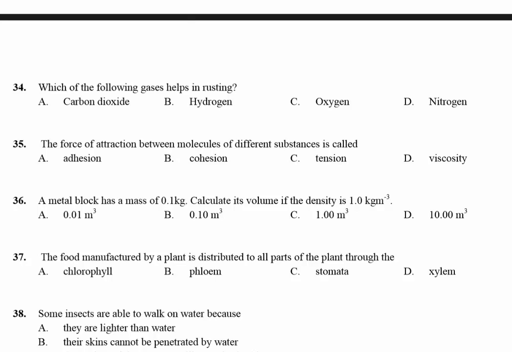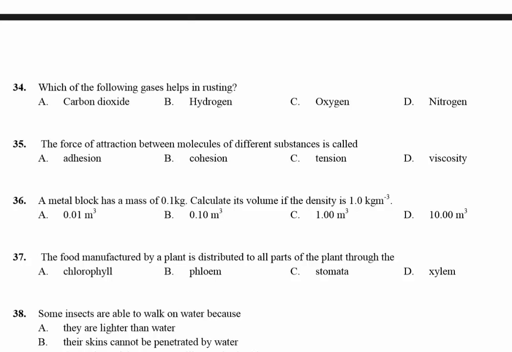Next one. 36. A metal block has a mass of 0.1 kg. Calculate its volume if the density is equal to 1.0 kg per cubic meter. Remember, density is mass over volume. Now, we know the mass and we know the density.